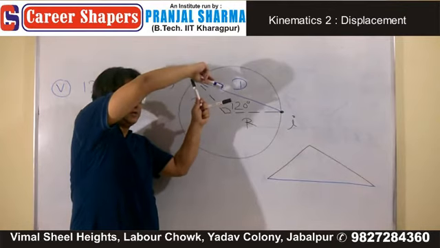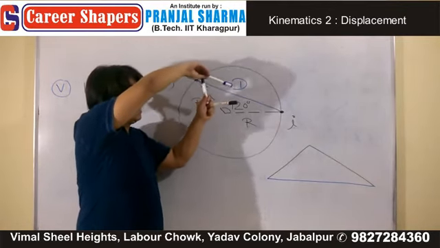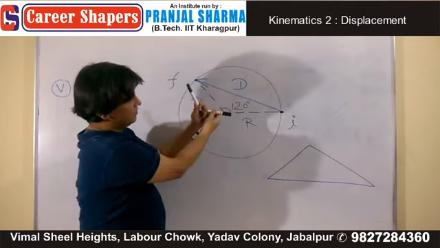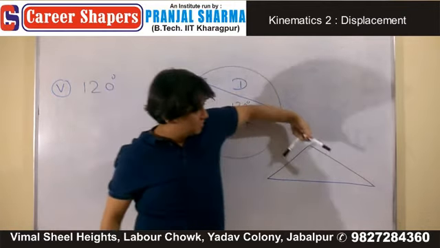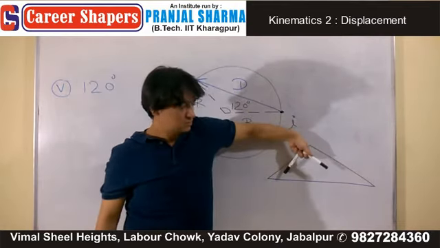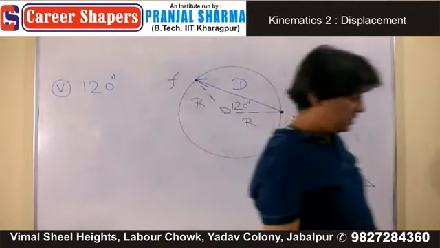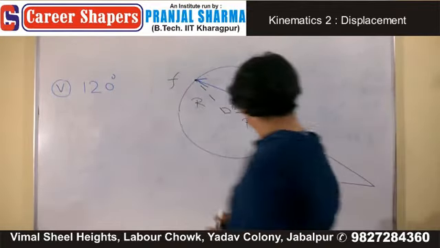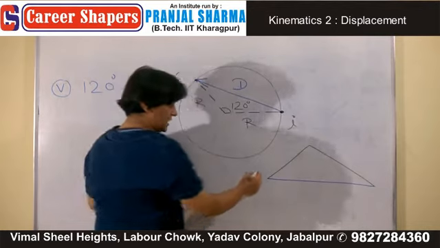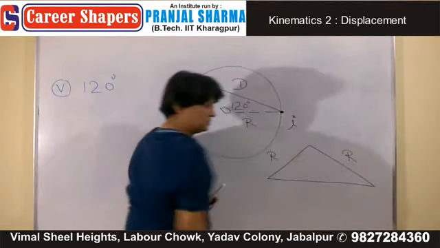Remember, this is the blue one. The blue arm is here. What I did, I am drawing this triangle in this form. I hope you understand what we are doing. That's the blue one. We need to measure it. Now, what is this length? R. What is this length? R.